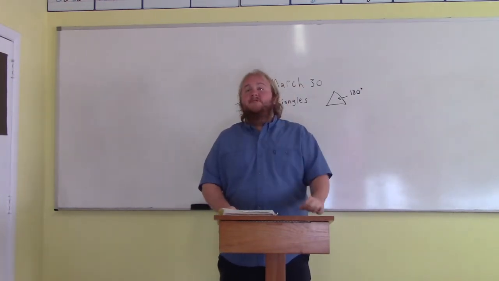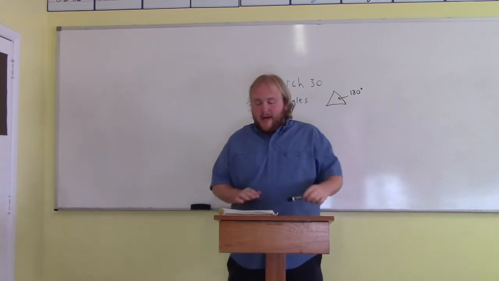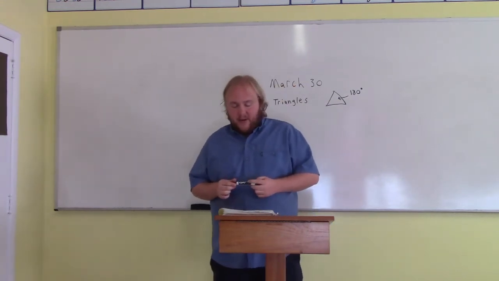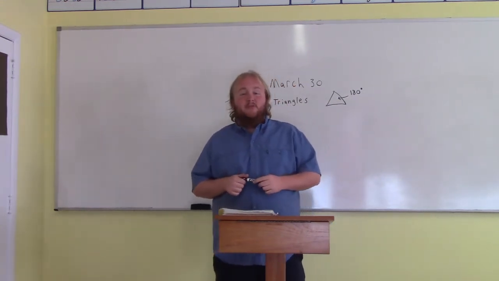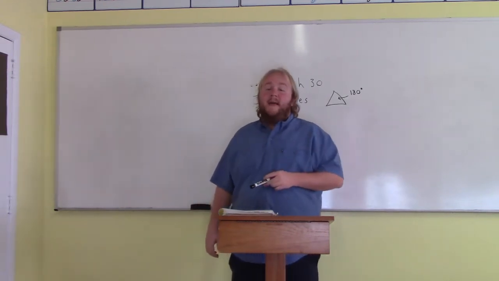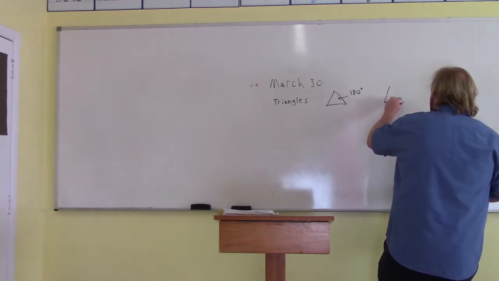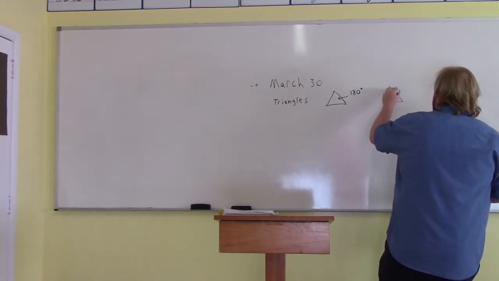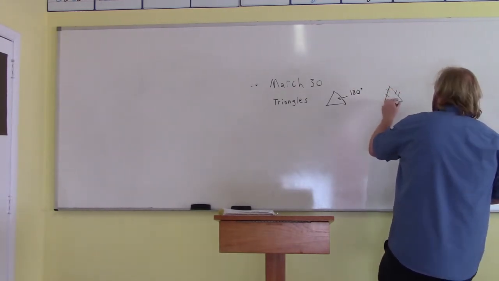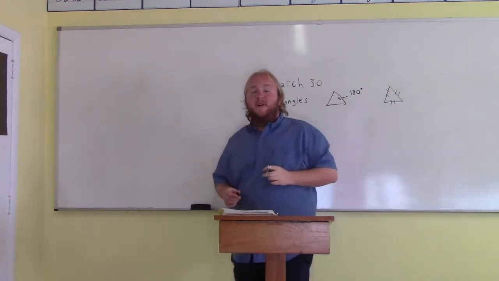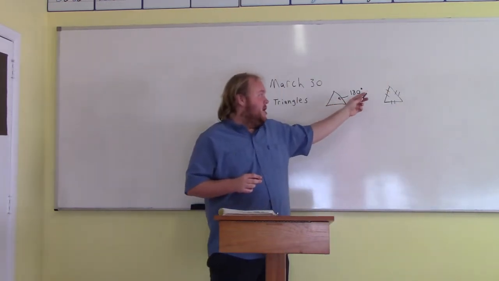There are three main types of triangles we're going to learn about today. Equilateral triangles have three congruent sides and three congruent angles. Remember, the word congruent means the same. So if I had an equilateral triangle, these little lines I'm drawing show that each of those sides is congruent. Anytime you see that, that means all three are congruent.